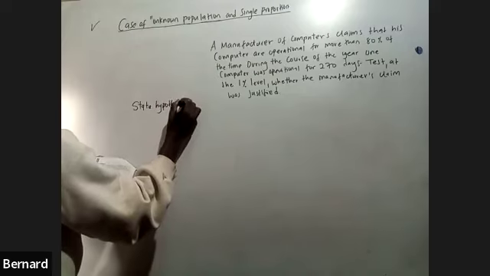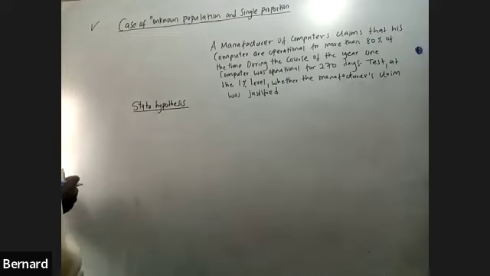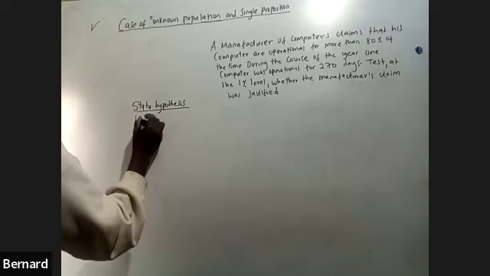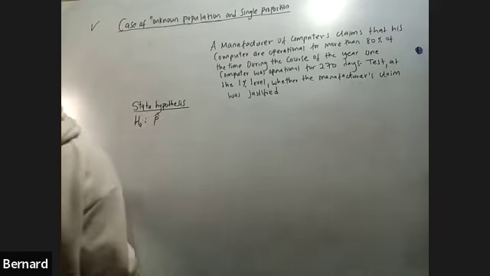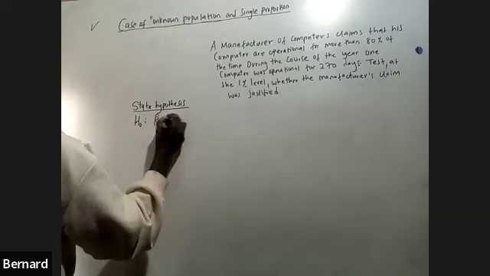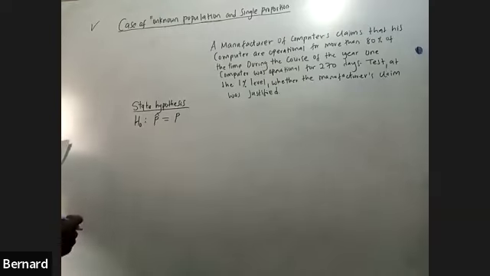We can say H0: the population proportion P naught equals the proportion.